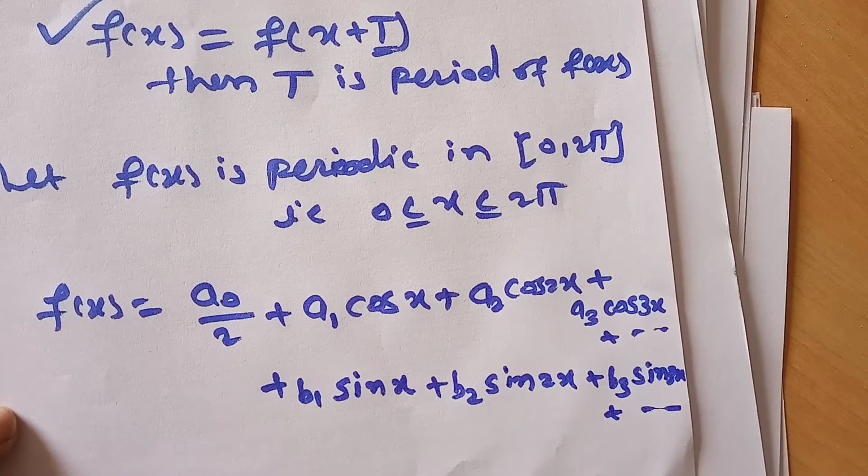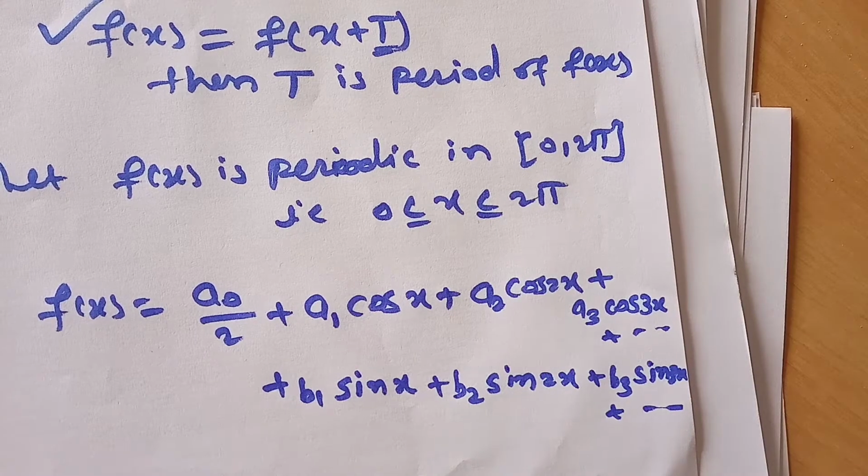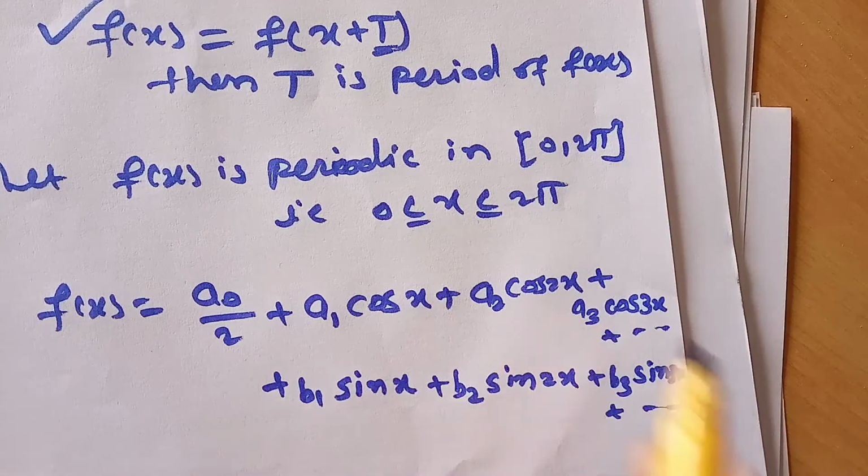Just like in Taylor's expansion, we express our function in powers of x minus x0. Here this function is periodic and I am trying to express it as a combination of sine and cosine functions.